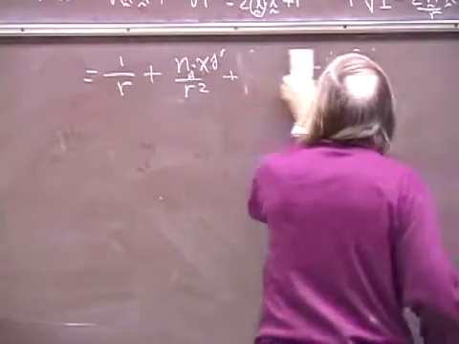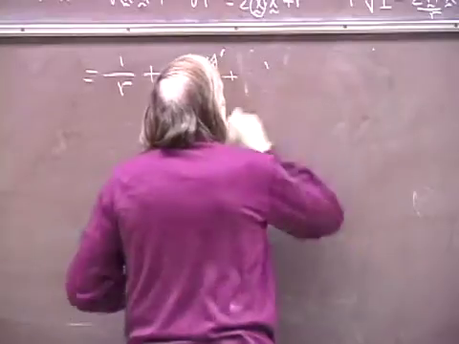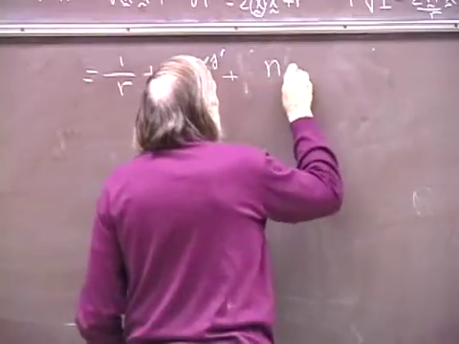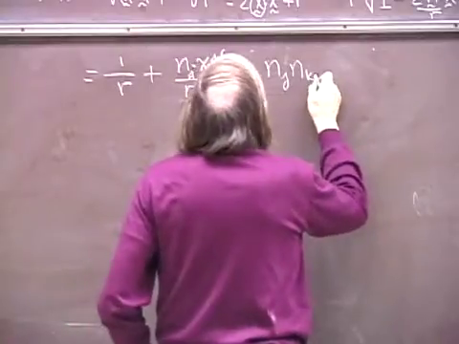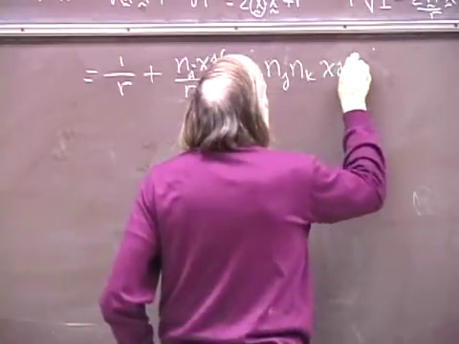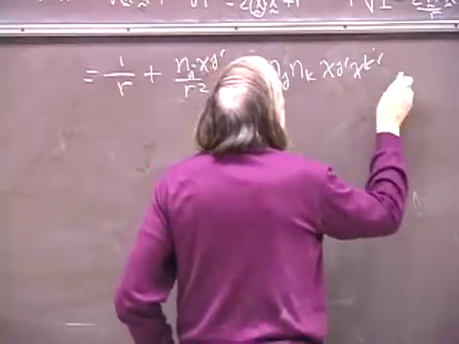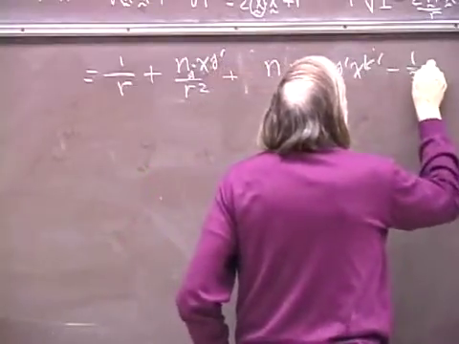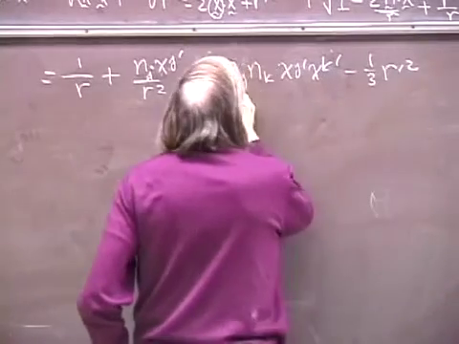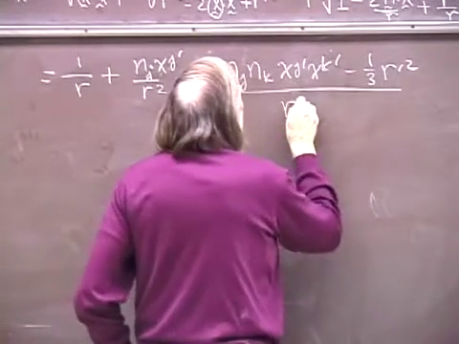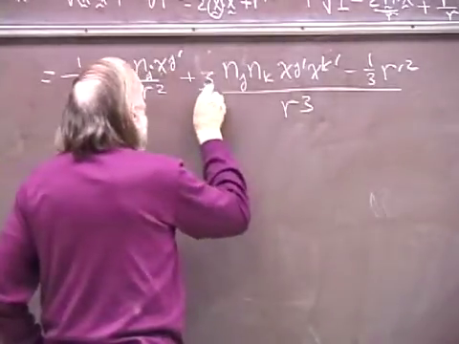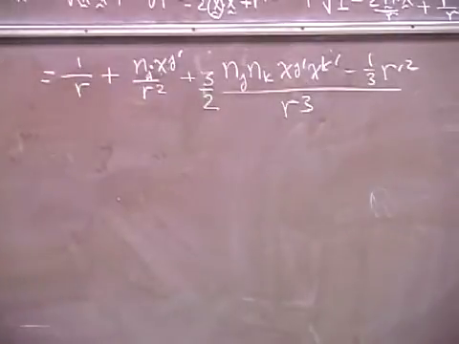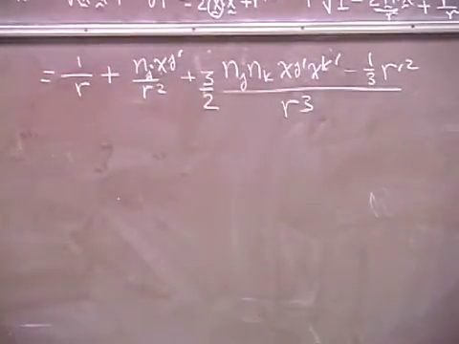Let me write it explicitly. I'm going to write it as n_j n_k (x_j prime x_k prime minus 1/3 r prime squared) divided by r cubed. It's the next term. And then there's a factor of 3/2 out in front. So that's a little calculation you can do for yourself and see that that's what the answer is.